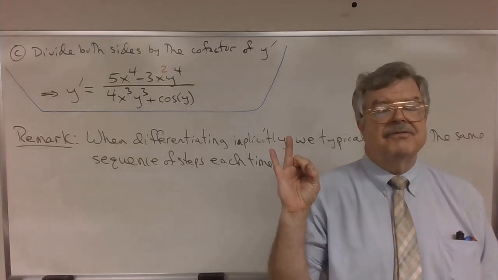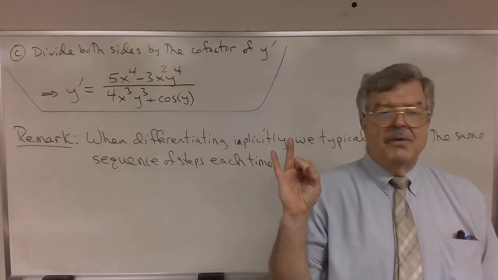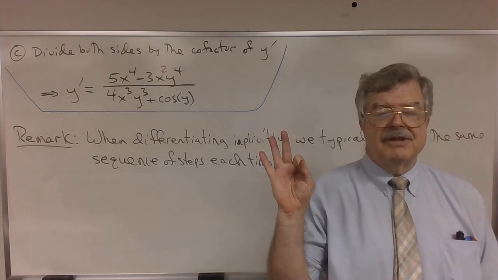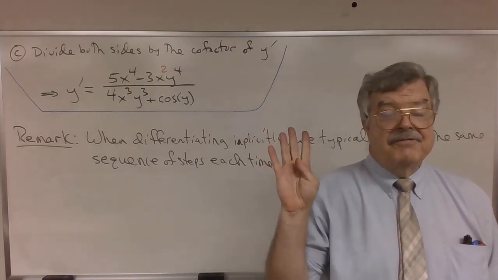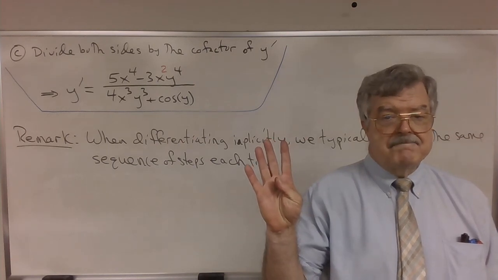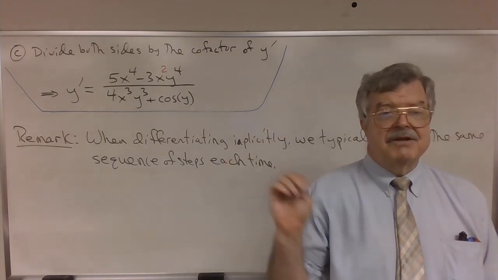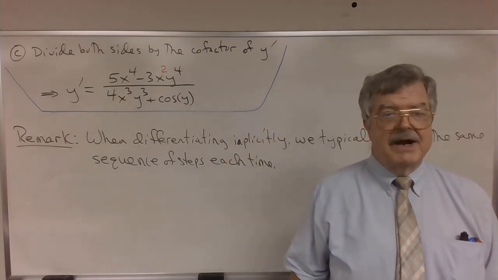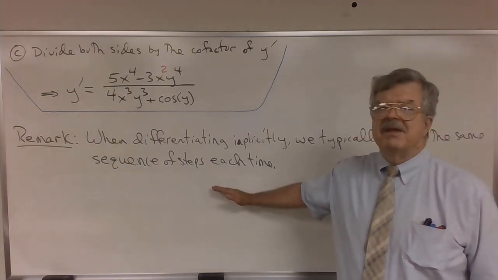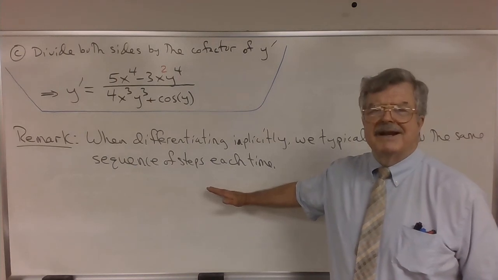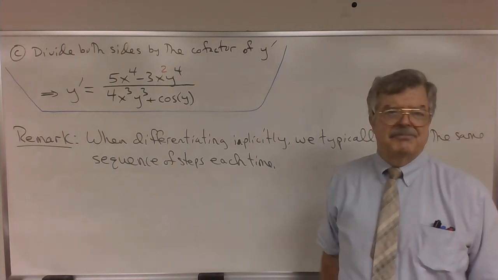And that means, first of all, we get the y prime terms on the left and the other terms on the right. And then we factor out y prime. And then finally, we divide by the cofactor of y prime. When we differentiate implicitly, typically we follow that exact sequence of steps every time.